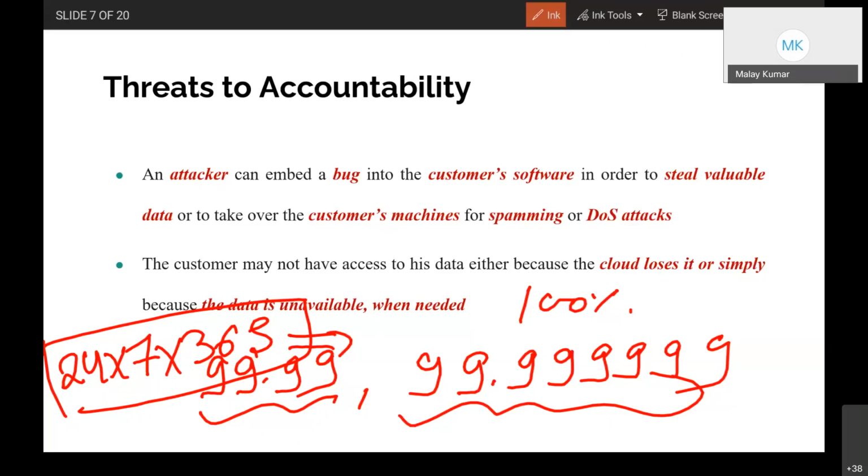The point is, if something goes wrong, such as a data leak or data loss, and that data has been stolen and sold to a competitor, or the computation performed over the cloud service provider produces incorrect results, it can be difficult for a customer and even for the cloud service provider to determine which of them caused this problem.